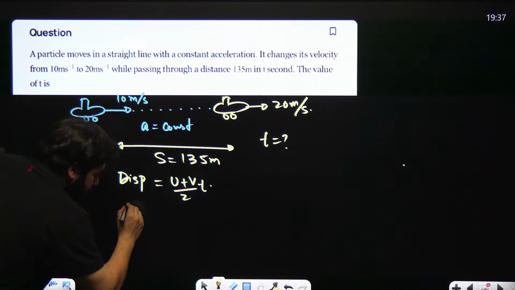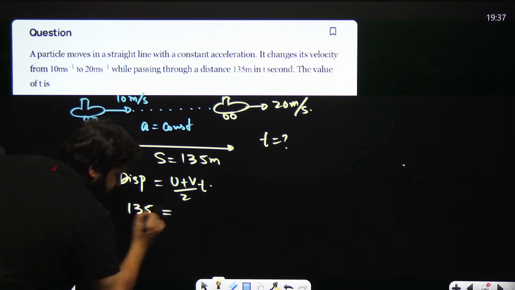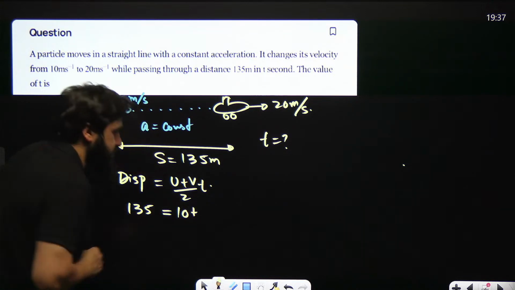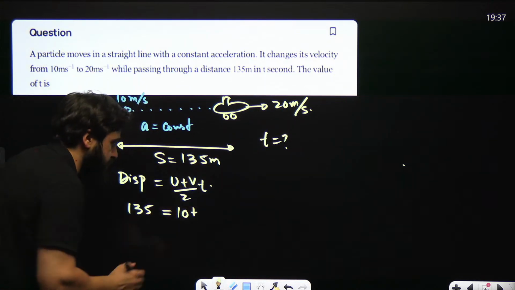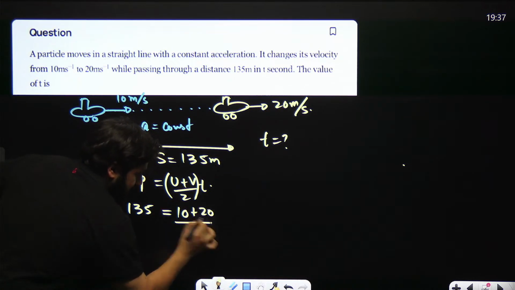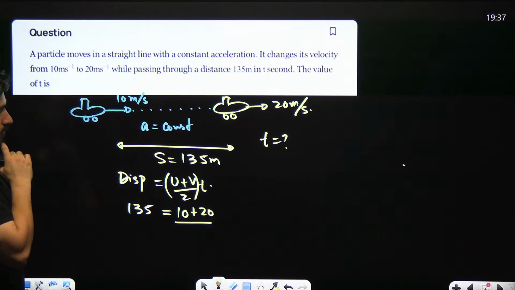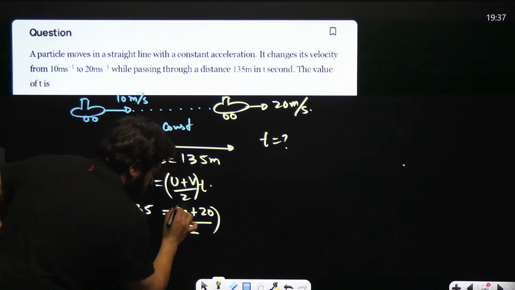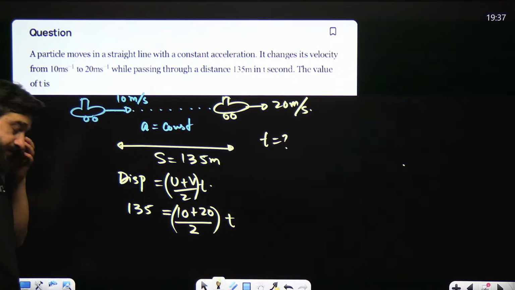That is 135. What is the value of initial velocity? That is 10, plus the final velocity, 20, divided by 2, into t.